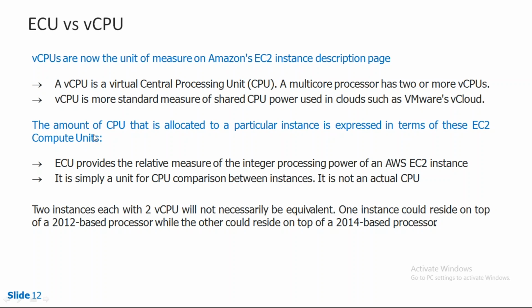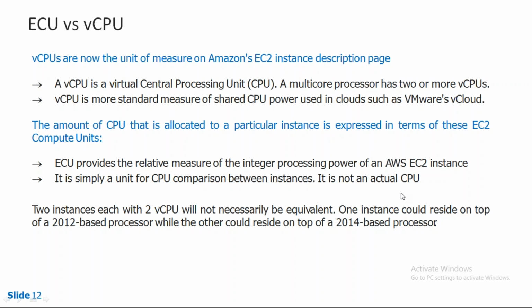Then the amount of CPU that is allocated to a particular instance is expressed in terms of EC2 compute units. So ECU provides a relative measure of the integer processing power of an Amazon EC2 instance. It is simply a unit for CPU comparison between instances. It is not an actual CPU.